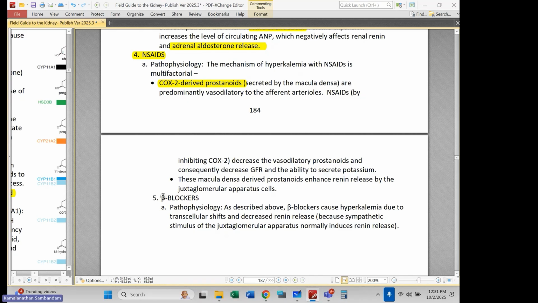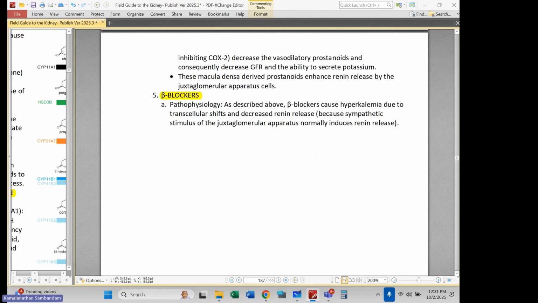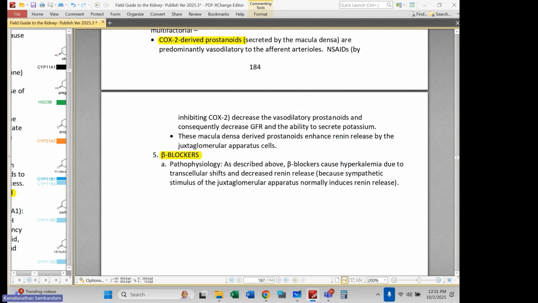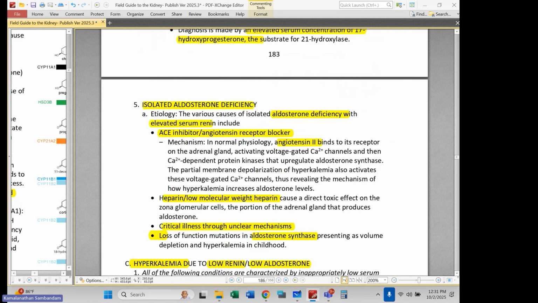Okay, beta blockers we already discussed can inhibit renin release through their effects on the beta 1 receptor. Remember, non-selective beta blockers can cause hyperkalemia through transcellular shift, that is impairing sodium potassium ATPase activity.